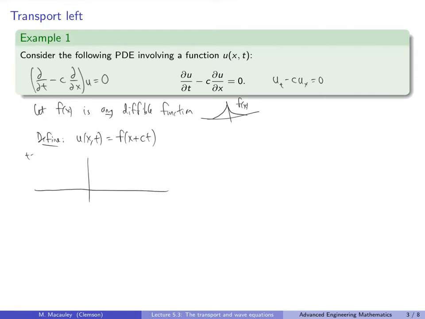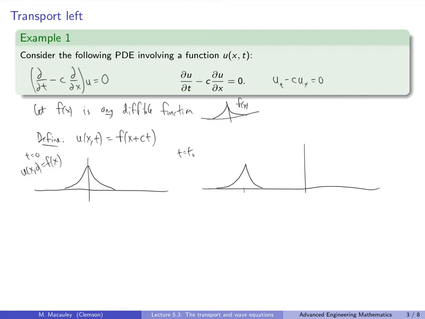First of all, at t equals 0, u of x, 0 equals f of x plus 0, so f of x, because t equals 0. So at t equals 0, our function is just f of x. Now at t equals, say, t naught, I claim that the function is just a shift of that.